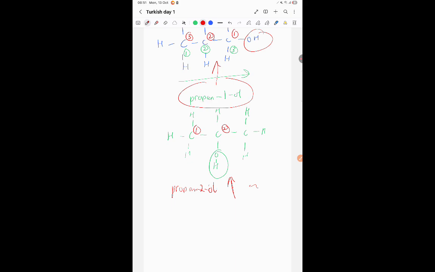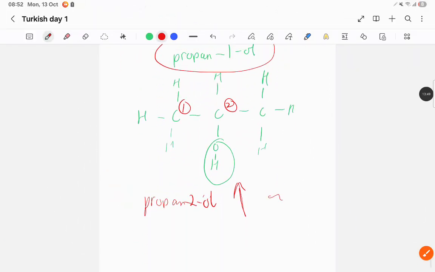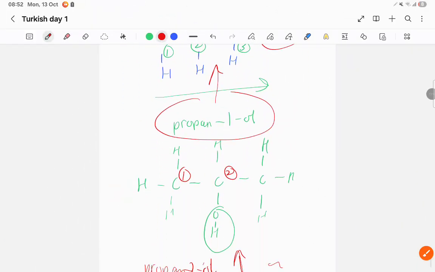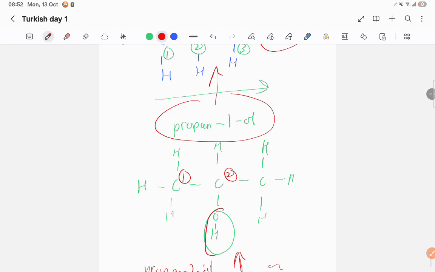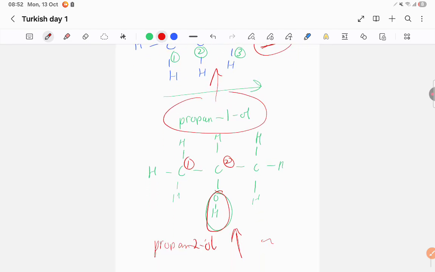I hope that makes perfect sense, yeah? So for propan-1-ol, I now have propan-2-ol. I fear I've been writing upside down. Well, let's see what it looks like. So propan-1-ol, carbon number 1, propan-2-ol.